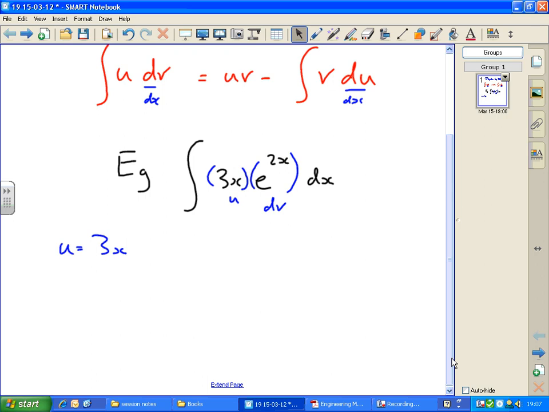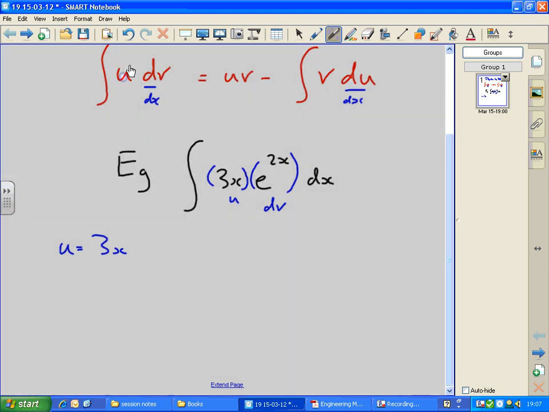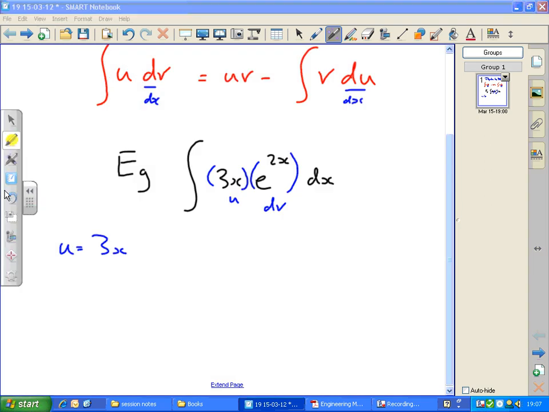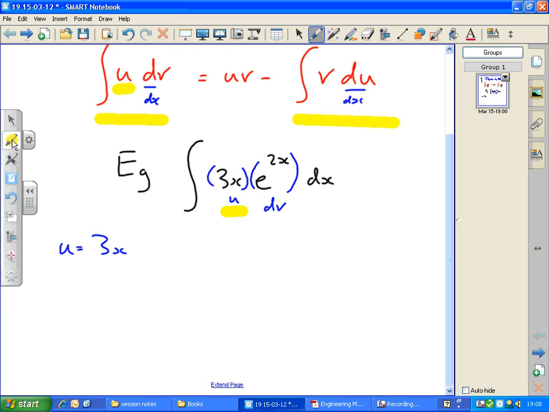If you look at this, and I'll use my magic pen to highlight it, let's use the yellow highlighter. If I let u equal this, then what I'm actually turning this left-hand side integral into is another integral on the right-hand side, but in this integral, instead of u, I've got du.